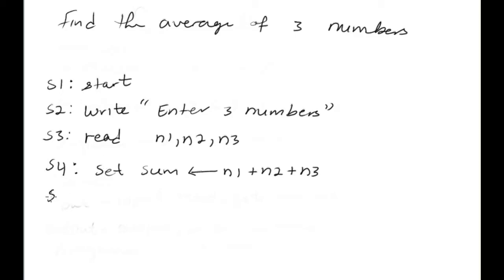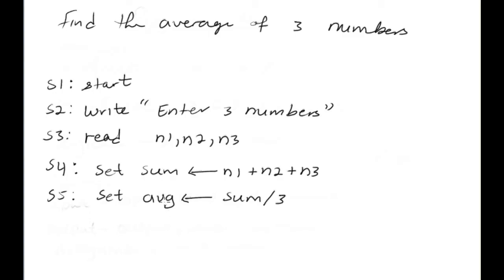Then step 5, this is set AVG, short for average, as sum divided by 3. Okay, now after the previous line has finished executing, you would have a result stored in sum.